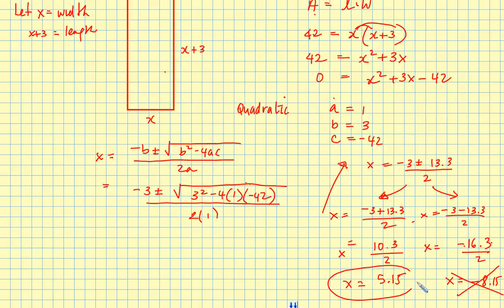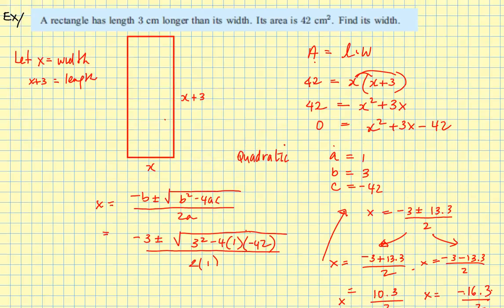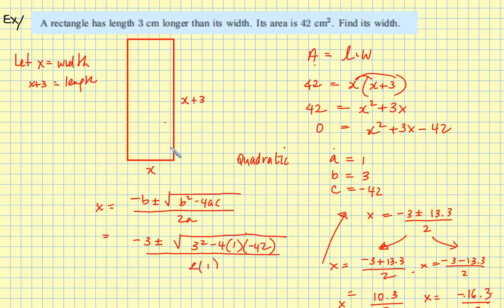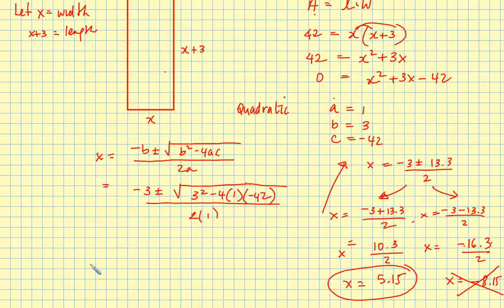So I know now that the value of the width is going to be 5.15. So I can say, therefore, the width is going to be 5.15 centimeters. And the length will be 5.15 plus 3, because we said that the length was 5.15 plus 3.